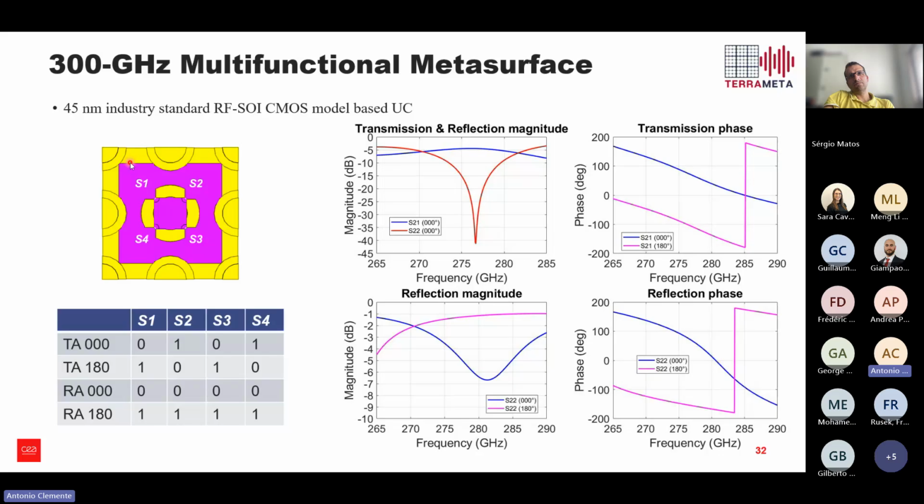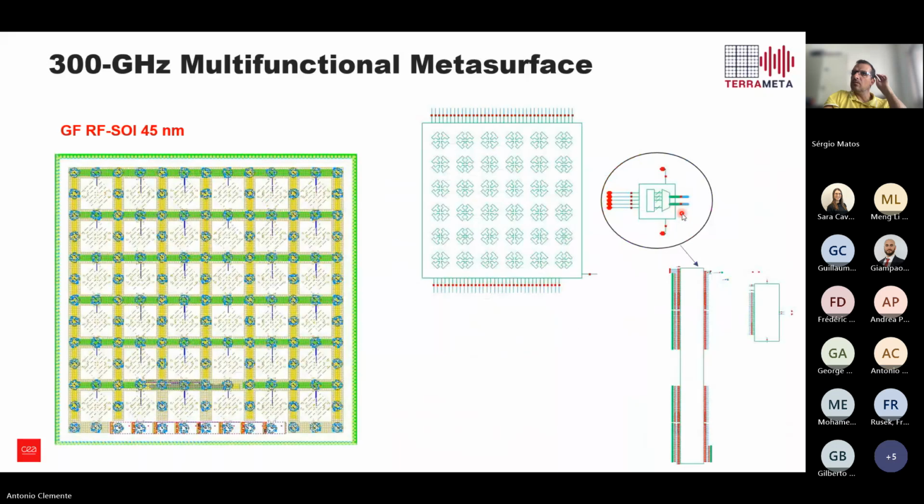But basically, you have 4 different switches integrated on the IC. By controlling the state of the 4 switches, we can generate transmissive control or reflective control, as you can see here. And we designed the full IC.